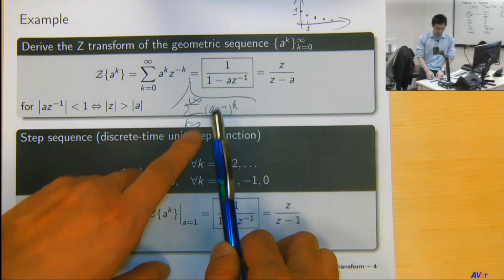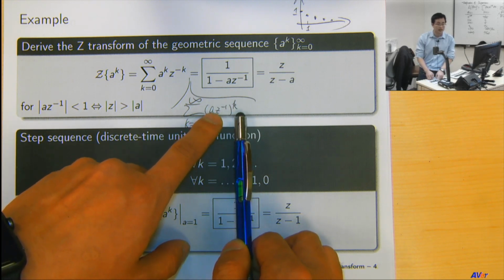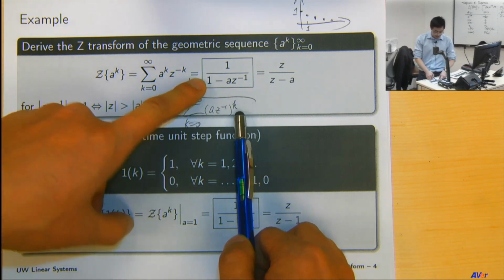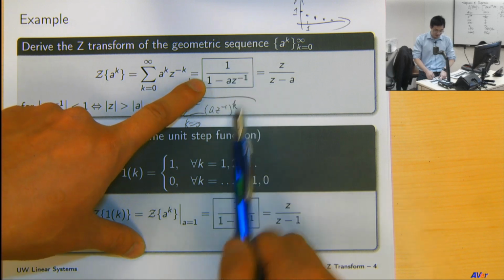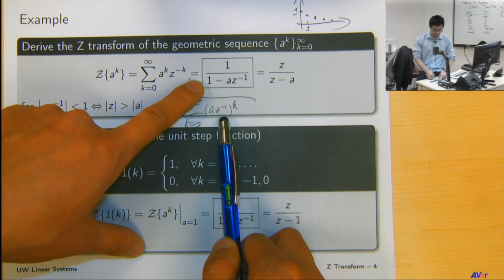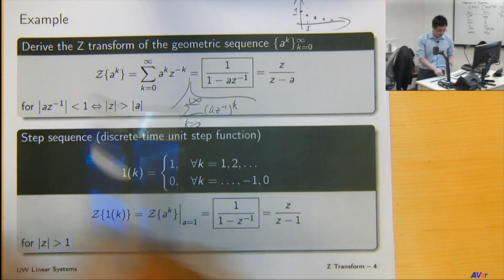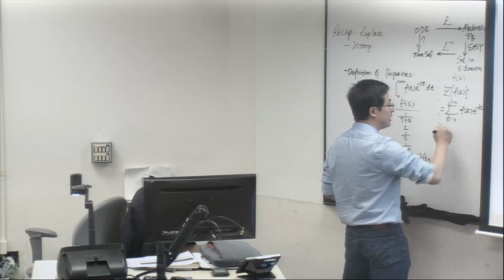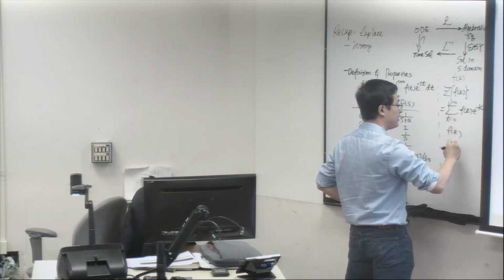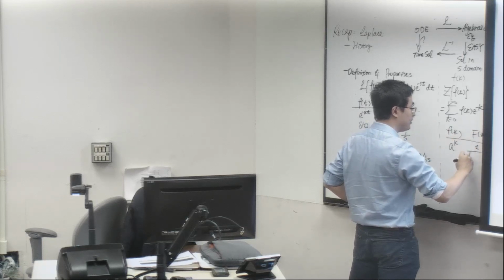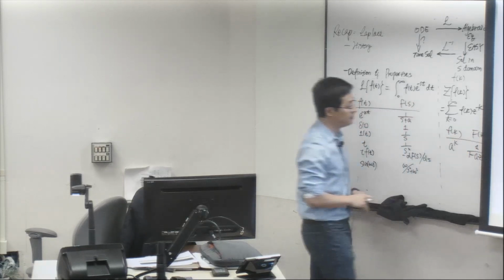Then it's just going to be 1 plus x plus x squared, x to the power of 3, etc. From the convergence analysis from the last slide, it's going to be 1 over 1 minus a z negative 1. This is one of the fundamental Z-transform pairs. If f of k is a to the k, then F of z is 1 over 1 minus a z negative 1.